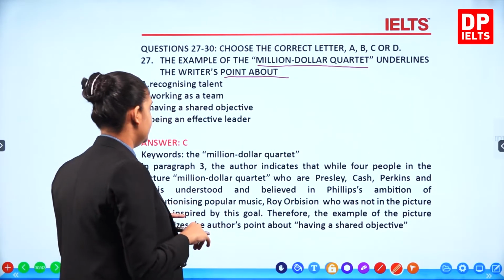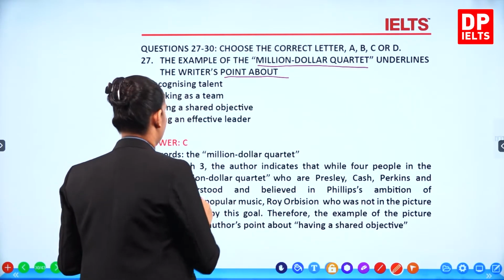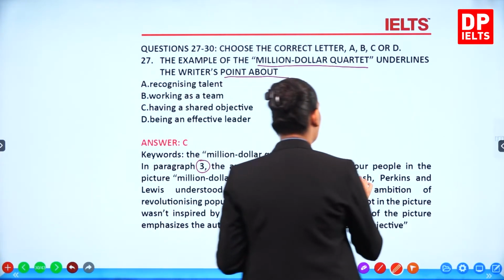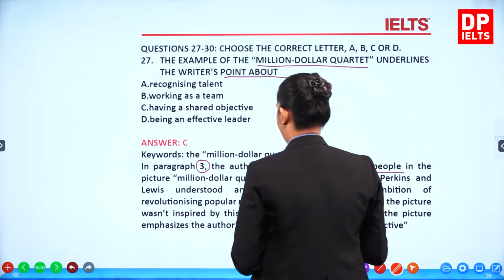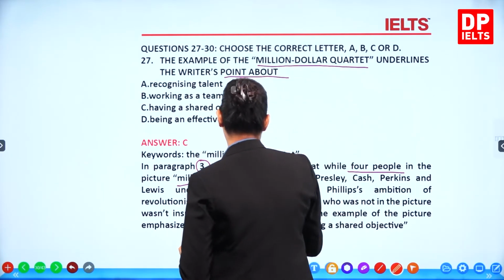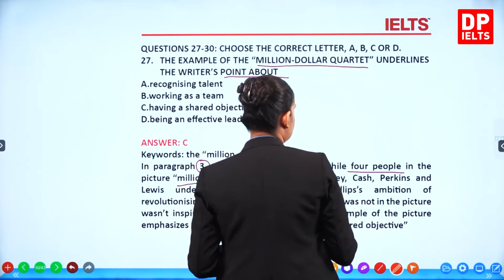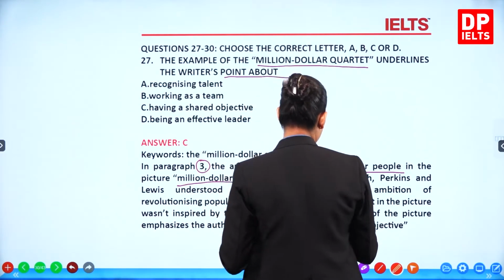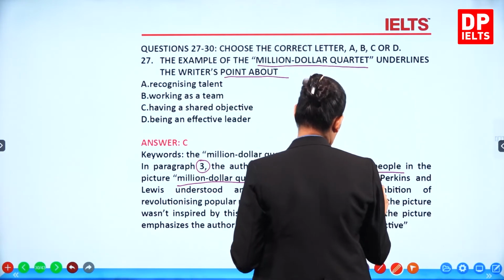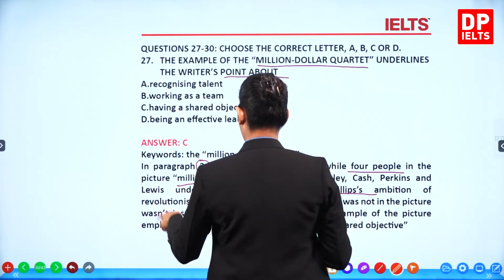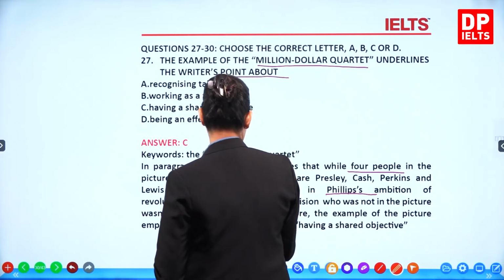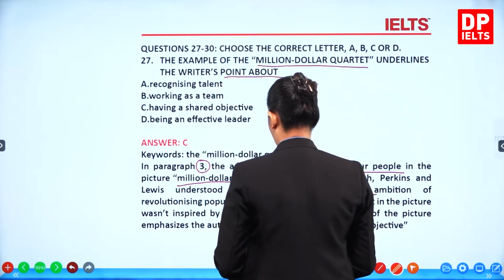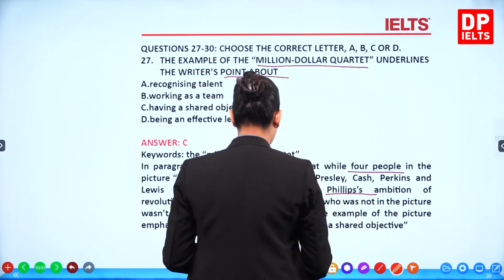I've already underlined it. Go to para 3. The author indicates that while 4 people in the picture, the $1 million quartet, who are Presley, Cash, Perkins and Lewis, understood and believed in Phillips' ambition of revolutionizing popular music, Roy Orbison, who was not in the picture, wasn't inspired by this goal.